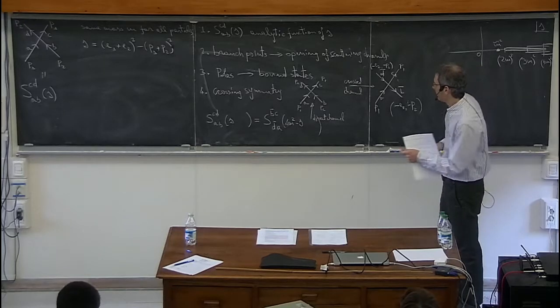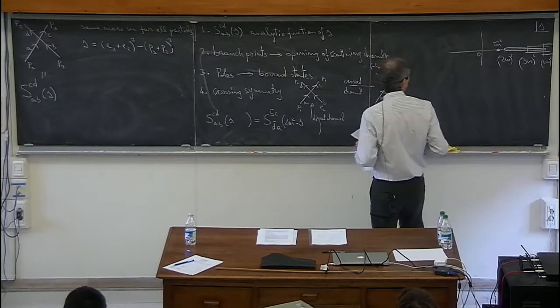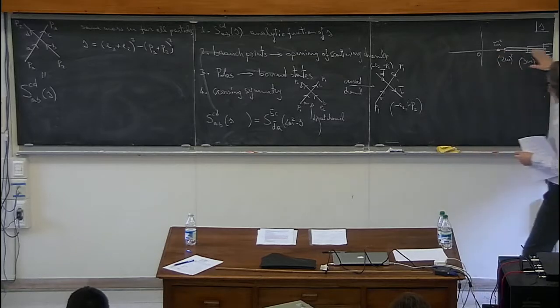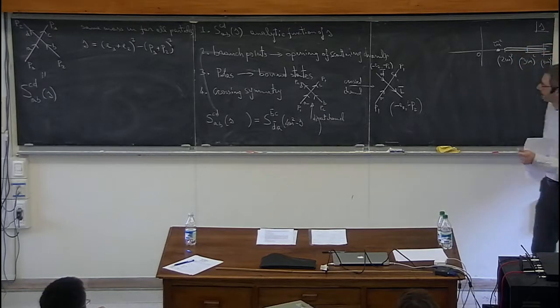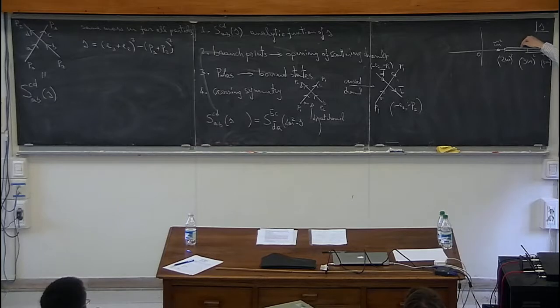Then there is another point. Since I have these cuts in the game, if I want to work with the physical value of the energy, so real values of s, I also need to specify if I am on the upper or lower edge of the cut.